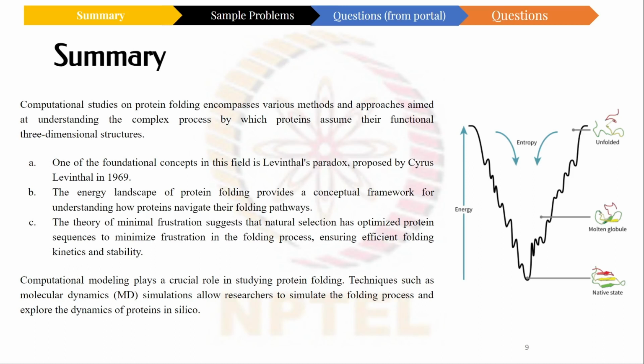This funnel-shaped landscape allows the proteins to explore various pathways and intermediates while ultimately converging to a native state. Here, the theory of minimal frustration suggests that natural selection has optimized the protein sequences to minimize the frustration in the folding process, ensuring effective folding kinetics and stability.